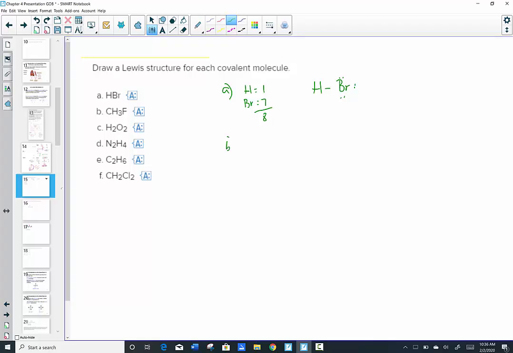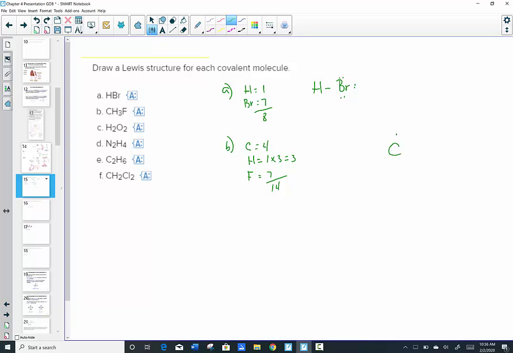In letter B, CH3F. Carbon contributes 4 valence electrons. There's 3 hydrogens for a total of 3, and fluorine, the halogen, will contribute 7. That gives us 14 dots by the time we're done drawing. You picked the least electronegative element to be the central atom.